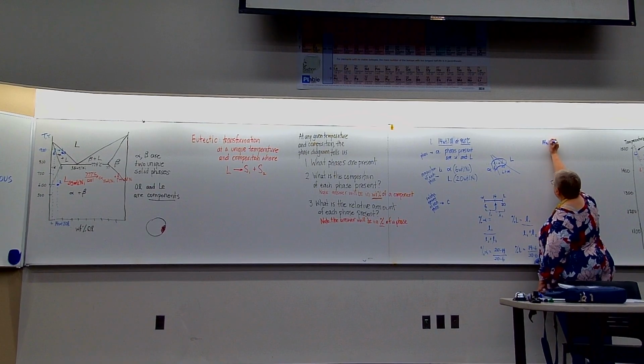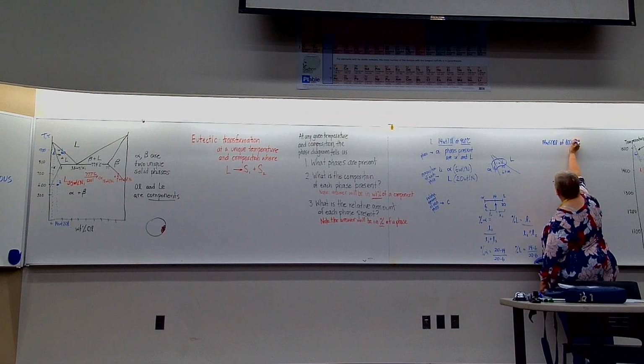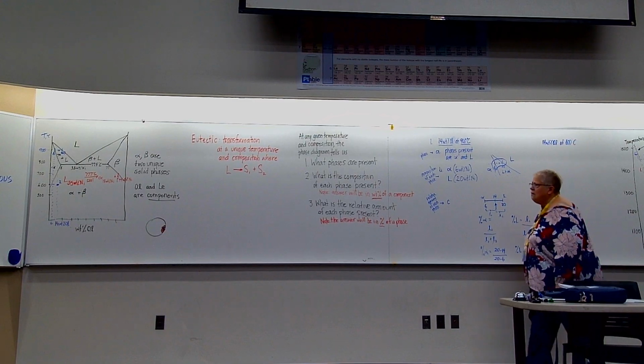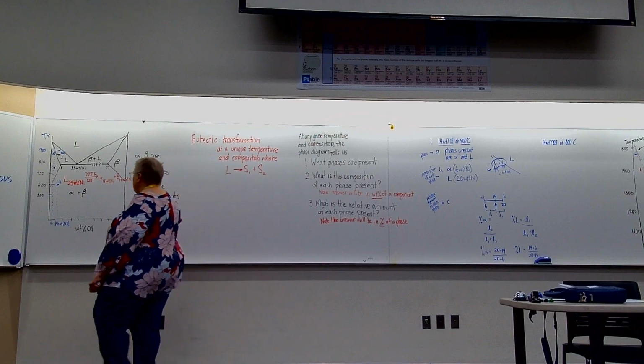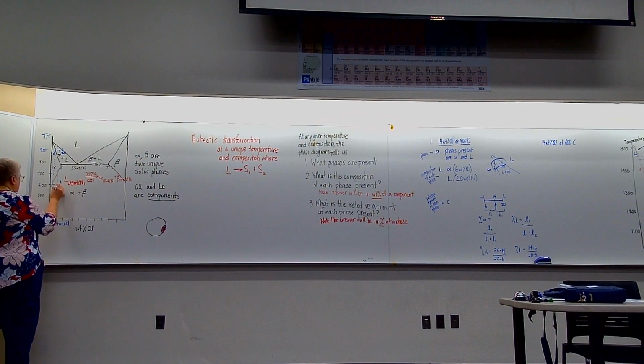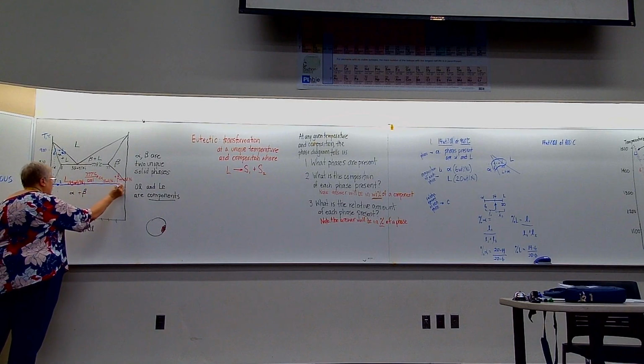14 weight percent aluminum at 600. So now we're here. We're in the alpha and beta region. And our line goes from there all the way across to there.